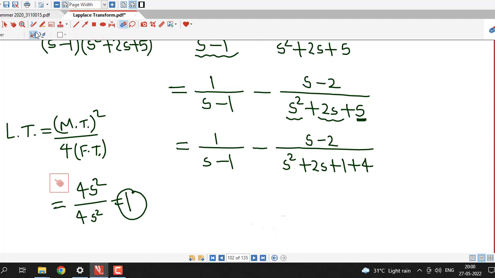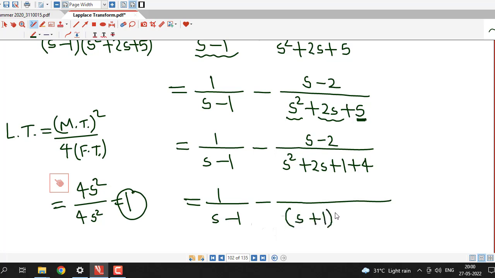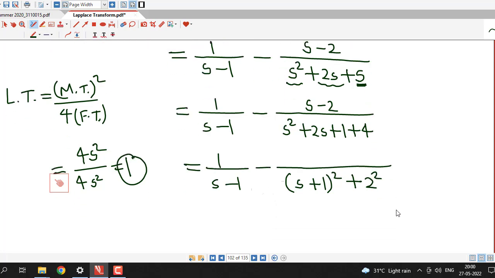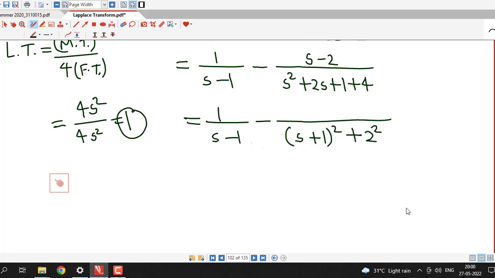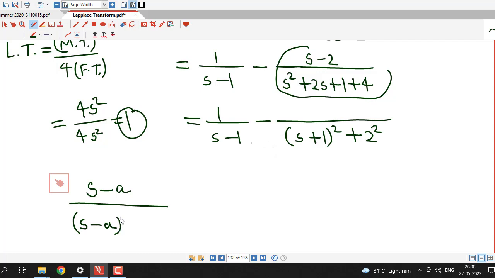So now I keep this as it is, and this I can rewrite as s plus 1 square, and 4 I can rewrite as 2 square. Now you can think that we can write down this function again in this form. If you observe, we have seen this type of formulas for inverse Laplace transform.